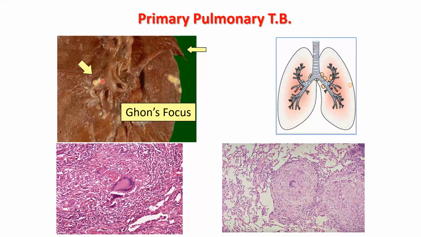And that is a hilar lymph node affected by TB with caseation also. It's called TB lymphadenitis, and lymphangitis is not prominent here in this picture. Okay, in this diagram, there is a focus here, subpleural, in the apex of the lower lobe or base of the upper lobe, with affection of the hilar lymph nodes by TB infection.